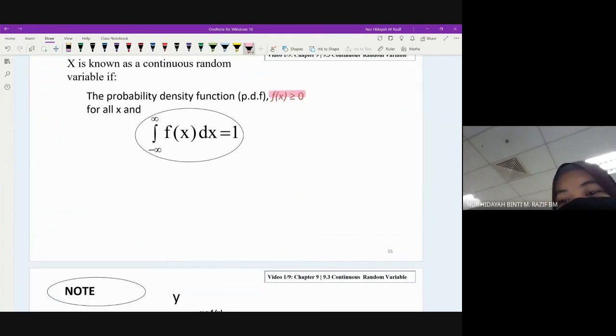Okay, small fx must be greater than or equal to 0 for all x, untuk semua x. And kita tahu if you integrate fx dx from negative infinity to infinity, you are going to get the answer 1. So this formula is very important for you to know and to remember.